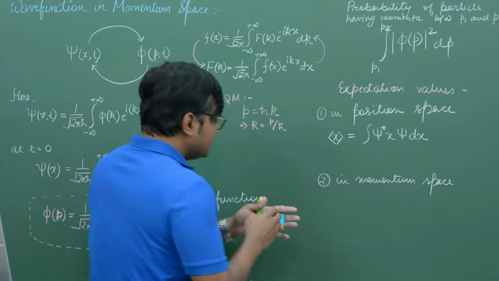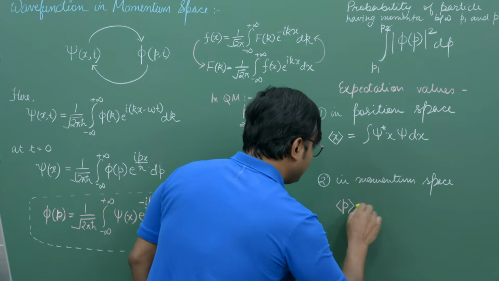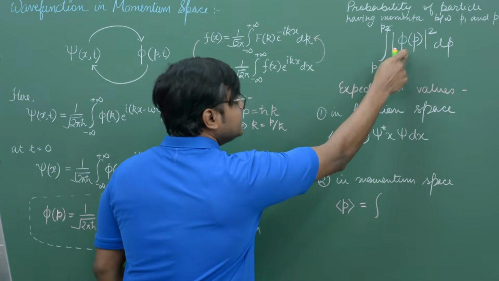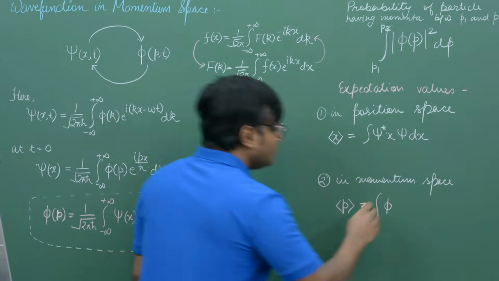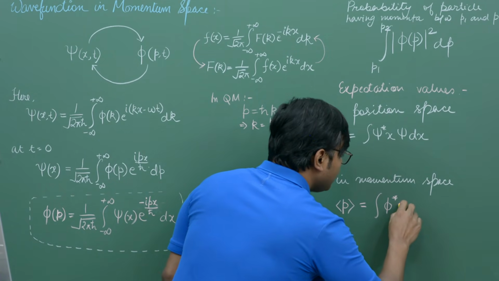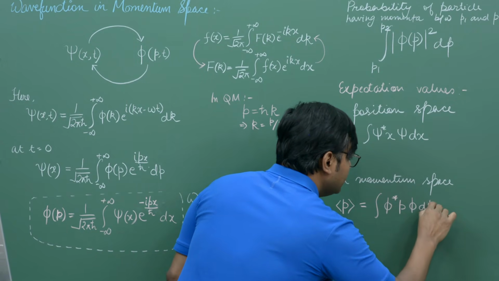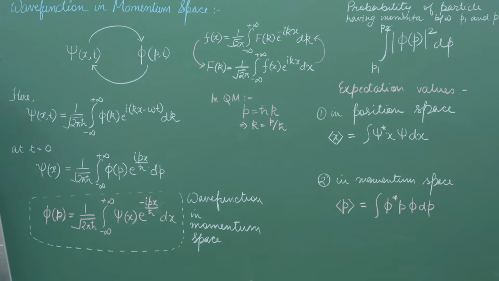But in momentum space, the expectation value of momentum is equal to the integration between minus infinity and plus infinity of phi complex conjugate, p, phi dp. This will give us the average of the momenta of the particle.